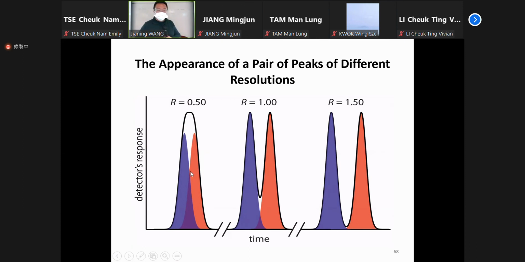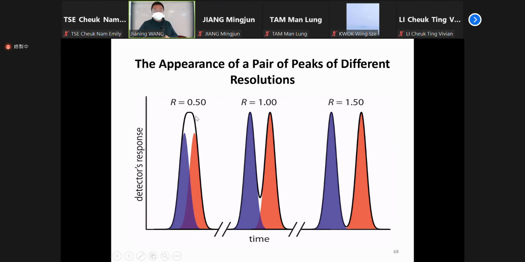So the height here will double, and in the data you can only see this one dark line.